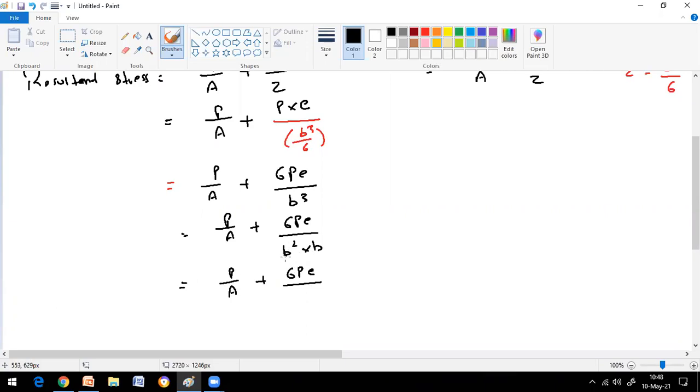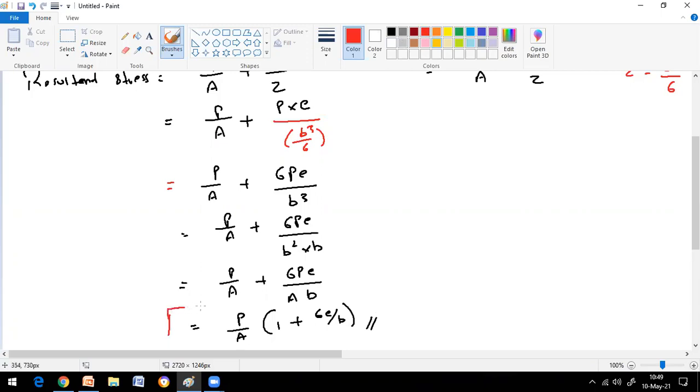Area, sir. Very good. Area into B. Take P by A common outside. P by A of 1 plus 6 E by B. Very, very, very important, this formula.